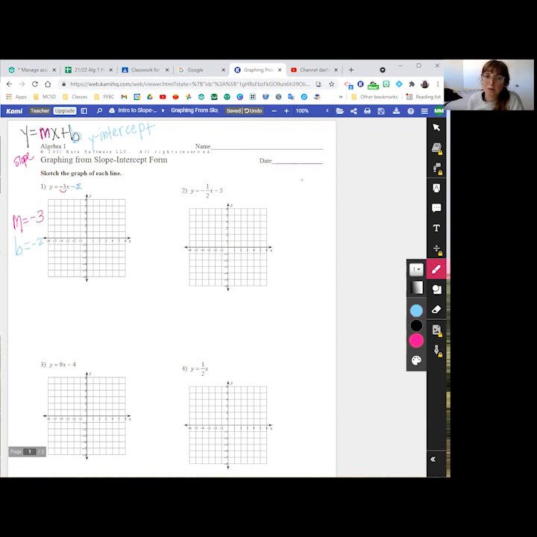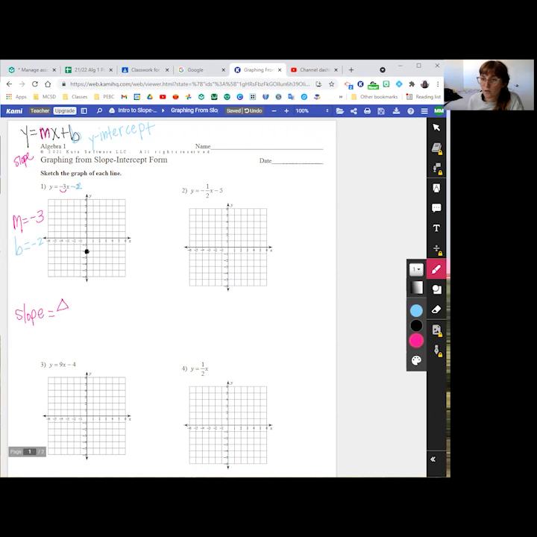It's negative 3. So what I do now when I want to graph my equation, I start by plotting my y-intercept. So my b was negative 2. That means that my y-intercept is going to be on the y-axis at negative 2. And I want you to draw a point right there. Now we know that my slope is negative 3. So slope always represents a rate. This is a change.